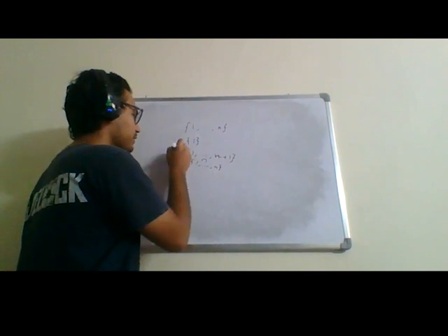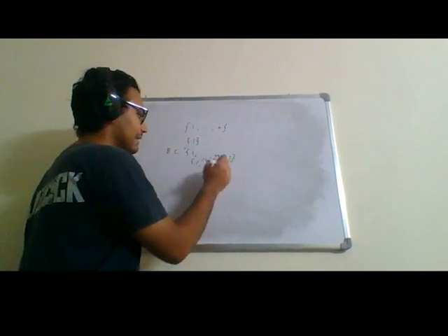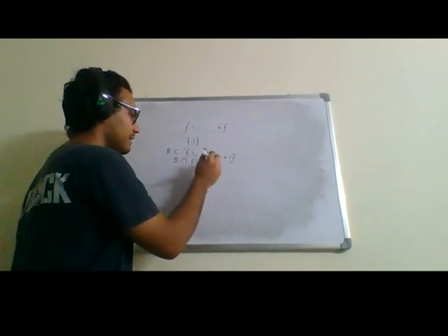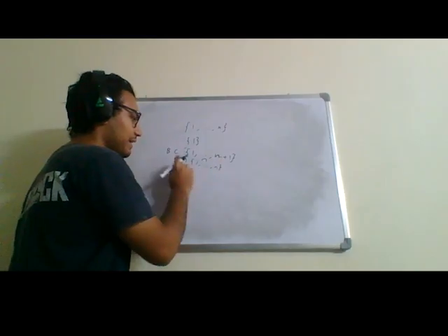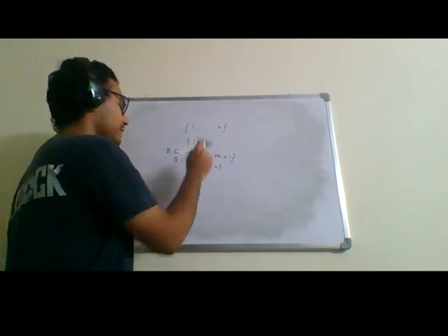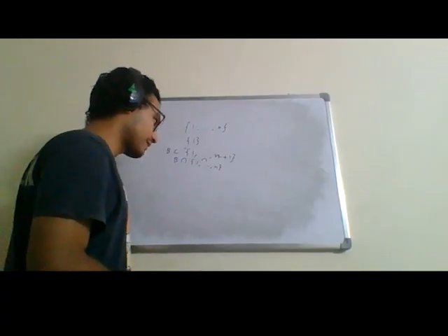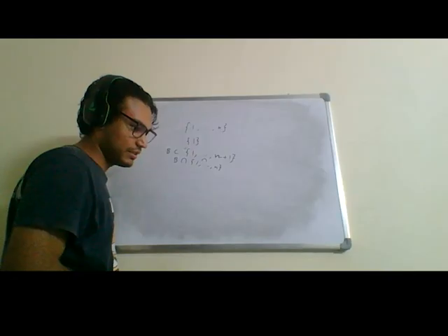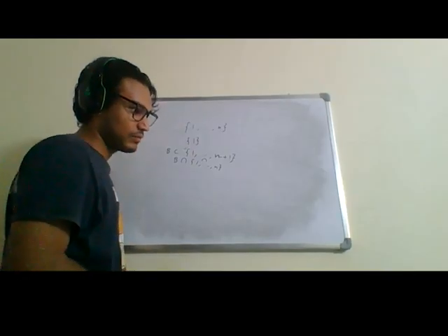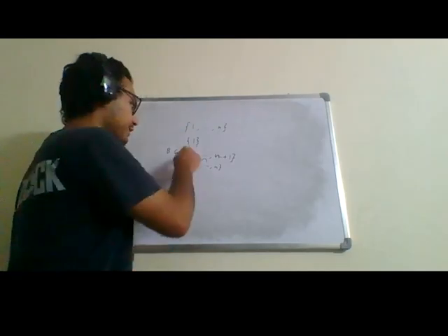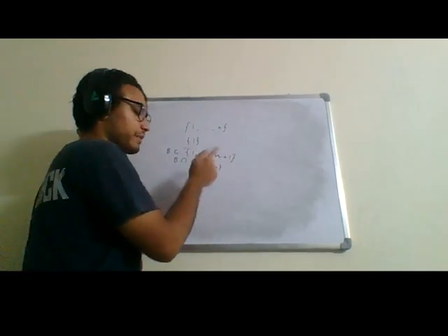Call B a subset of this section, and B intersection with this section is going to be a subset of this, and we have the property valid for this subset, and the least member of this is precisely going to be the least member of B. And why is that? Because if it's not the least member here, then it's not the least member here. That's why.